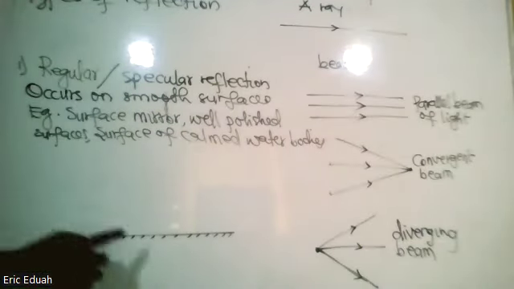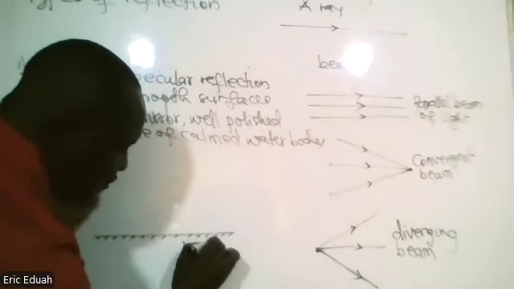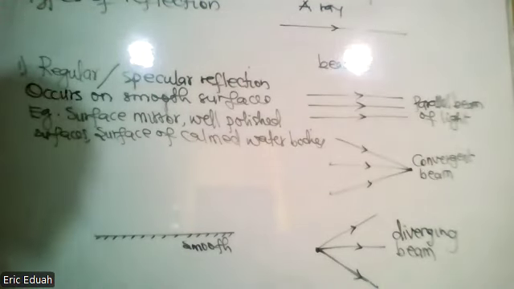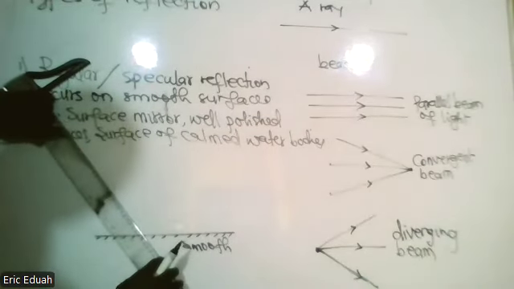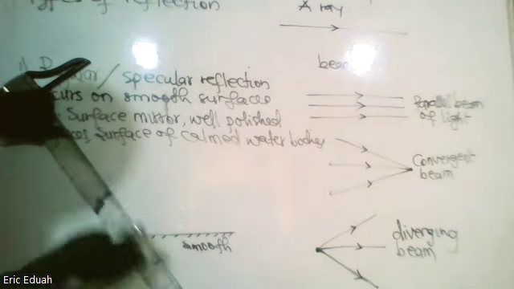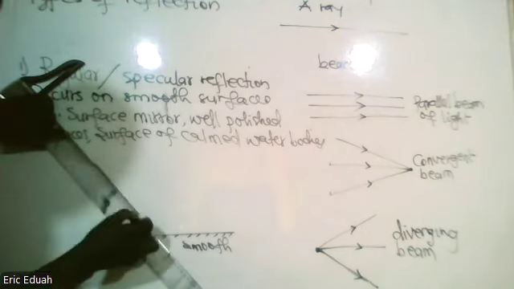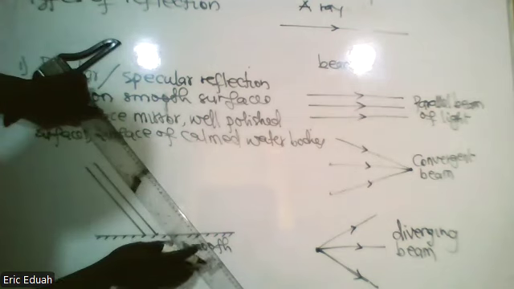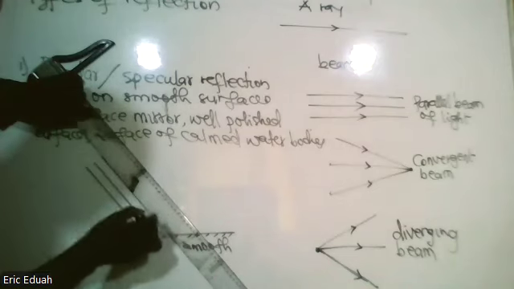So if this is a smooth surface, or well polished, then we have a beam of light incident on the surface. Several rays incident on the surface. Let's use maximum 3 rays incident on the well-polished surface.